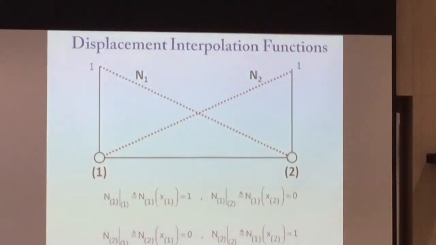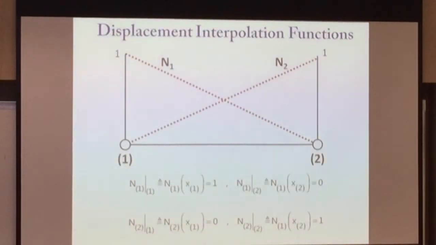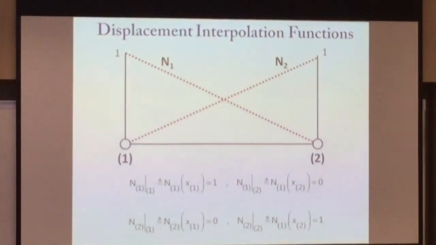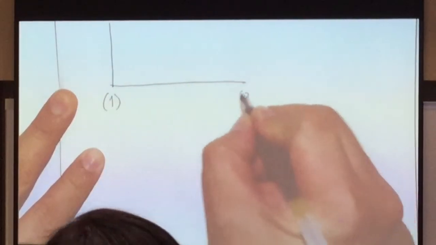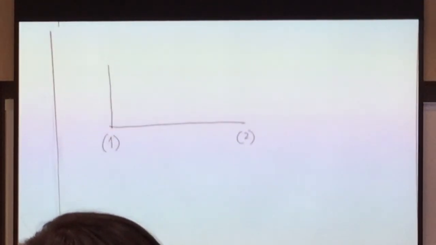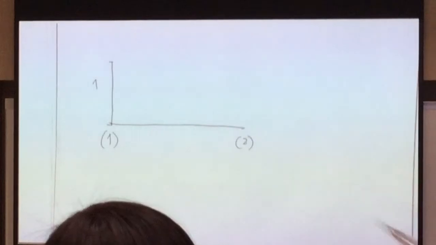What are your shape functions? Shape functions will be 1 at the node of interest. It will be 0 for other nodes. It represents your displacement. So let's have a look at N1. In the meantime, just accept this one. You have node 1 and node 2, and say for example this value is 1.